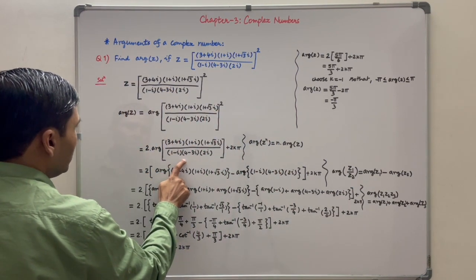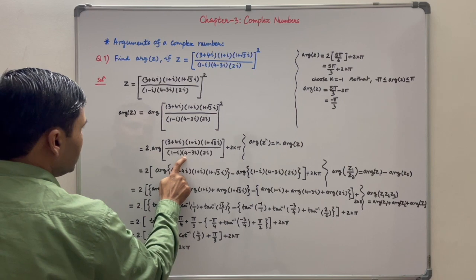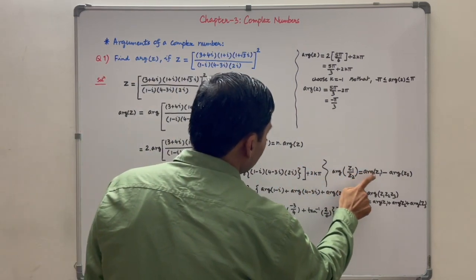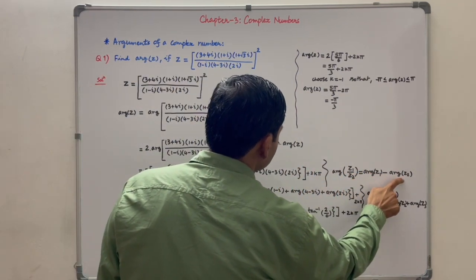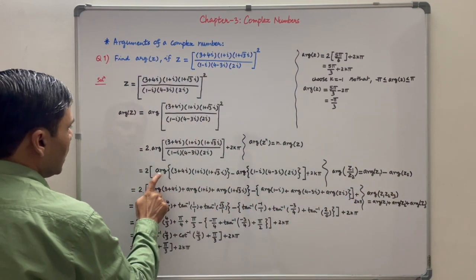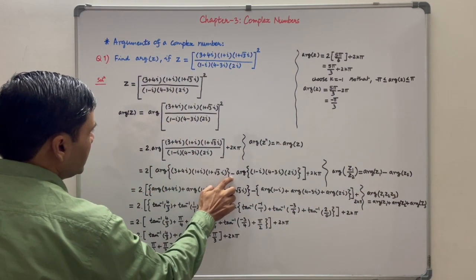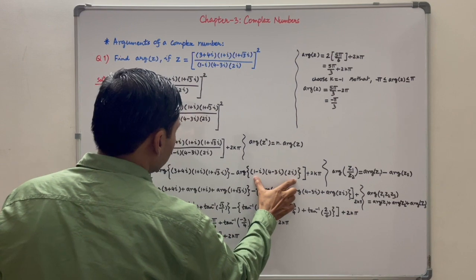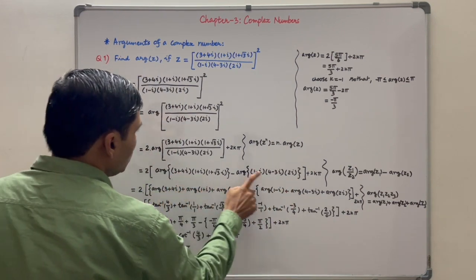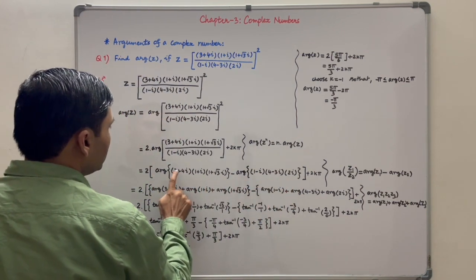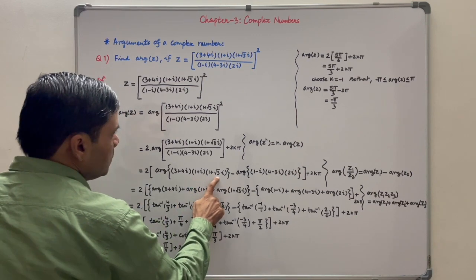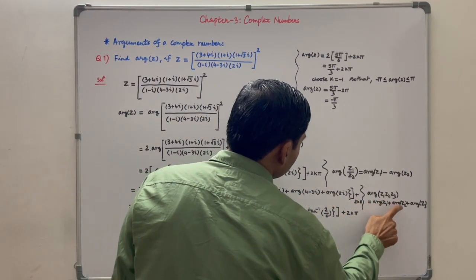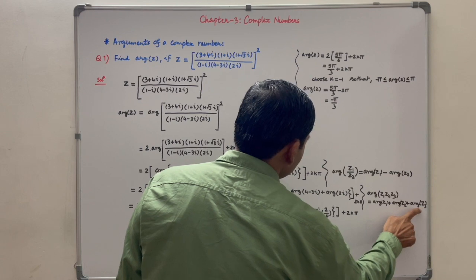Now this is in the form argument of Z1 upon Z2, which is equal to argument of Z1 minus argument of Z2. So we can write argument of numerator minus argument of denominator. Now these are in the form argument of Z1, Z2, Z3, which is equal to argument of Z1 plus argument of Z2 plus argument of Z3.